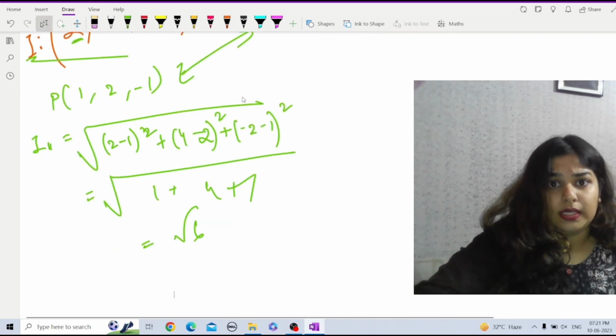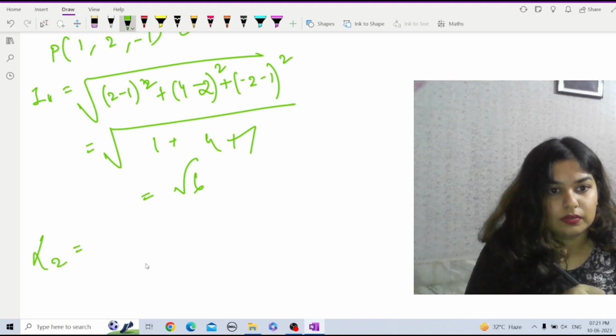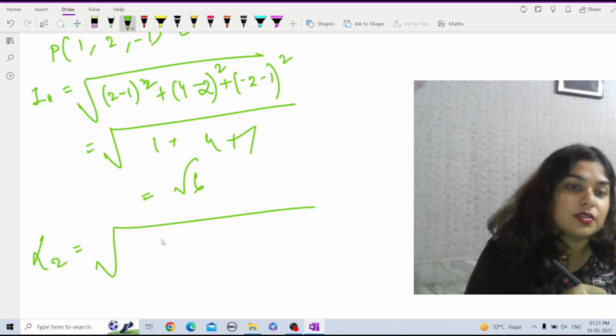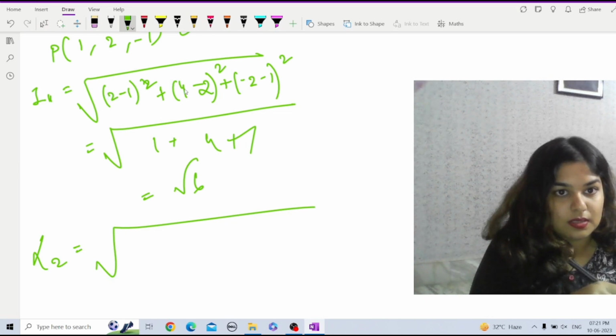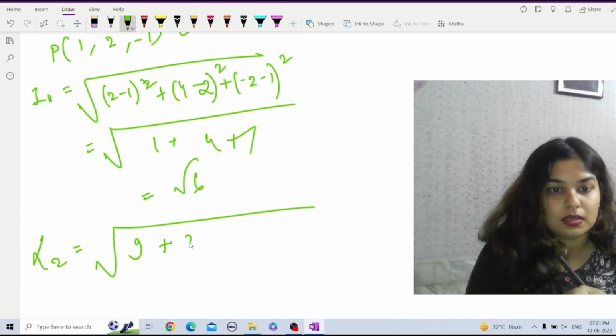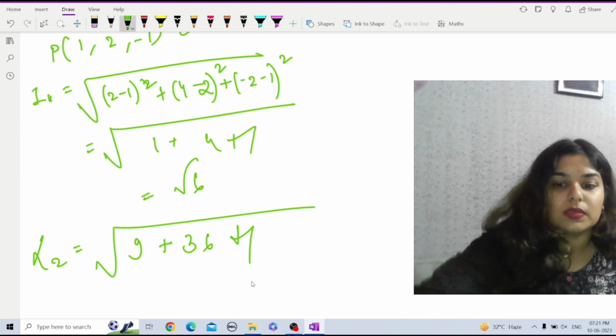Now let us find the distance between P and the second point, let's say L2. L2 equals root over (-2 minus 1) whole square, so these points will all be changed. That is -3 square, that is 9, plus (-4 minus 2), that is 6 square, 36, plus (2 minus 1), so +1.